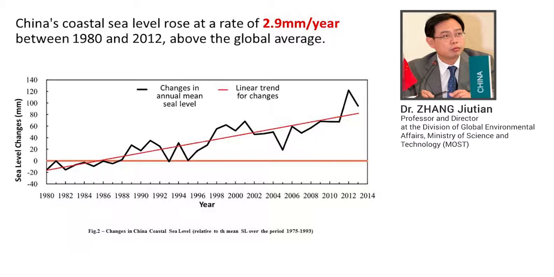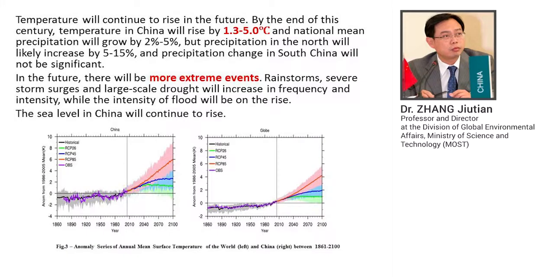And in the future, the temperature in China will continue to rise, and projections show that the temperature will rise by 1.3 to 5 degrees, and the national precipitation will grow by 0%, 2 to 5%.